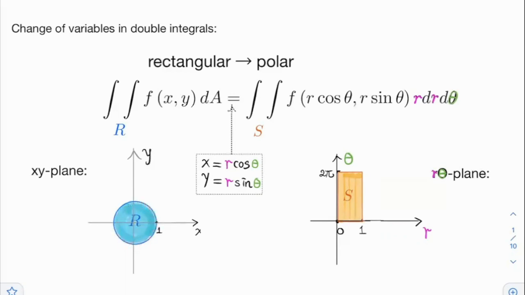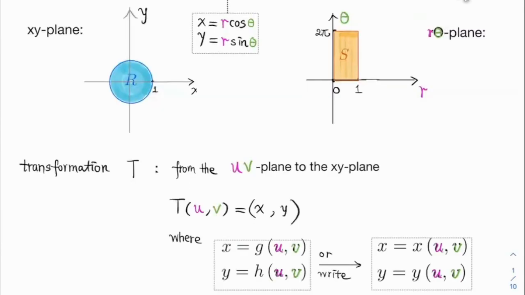This region on the xy plane corresponds to this rectangular region on the r theta plane. The variables r and theta are related to x and y by these two equations.